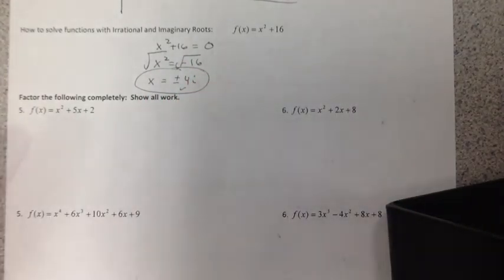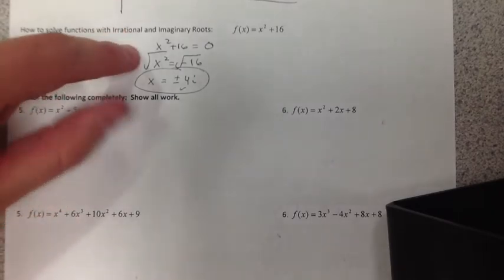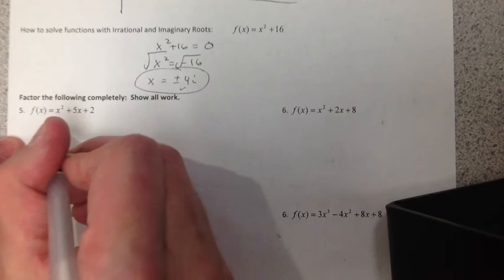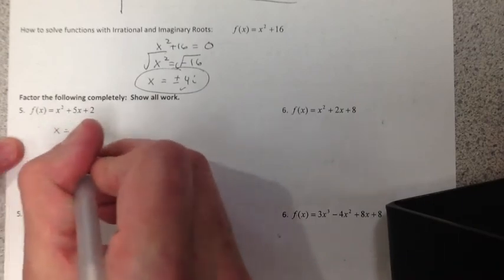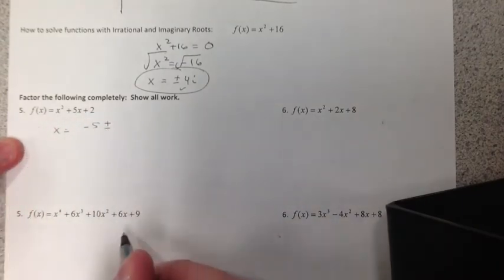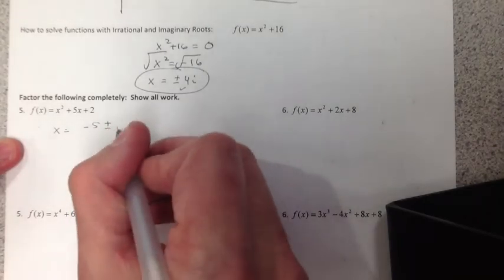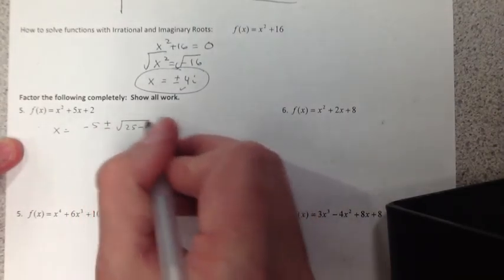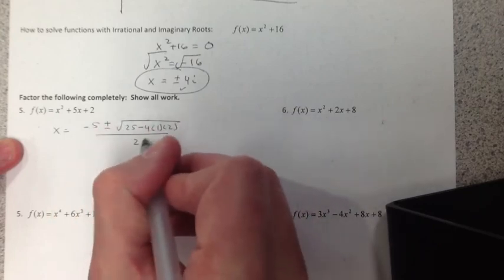Now this one right here, it's not as easy to solve as this x squared plus 16. We actually have to use the quadratic formula. x equals negative b plus or minus the square root of b squared minus 4 times 1 times 2, all over 2 times 1.